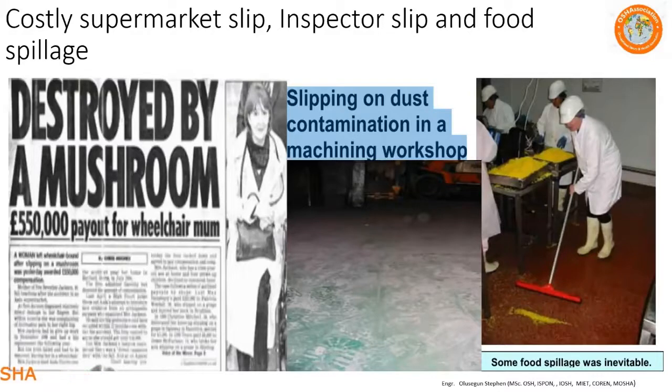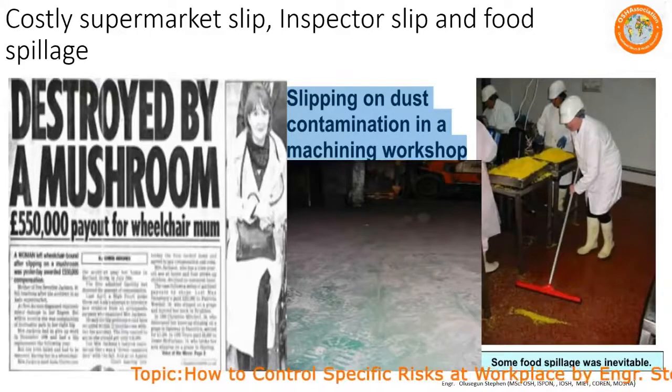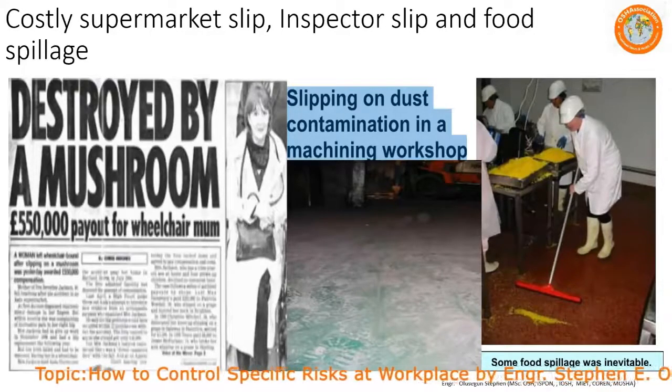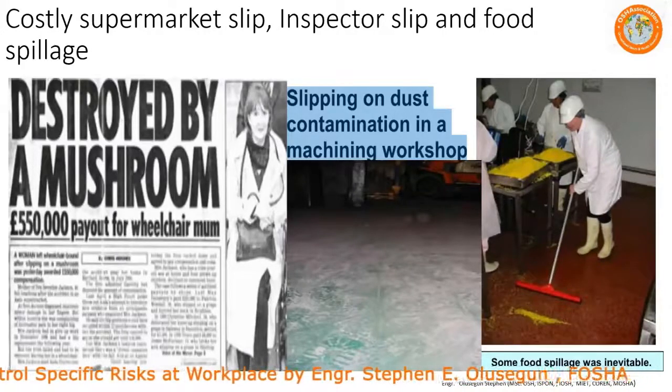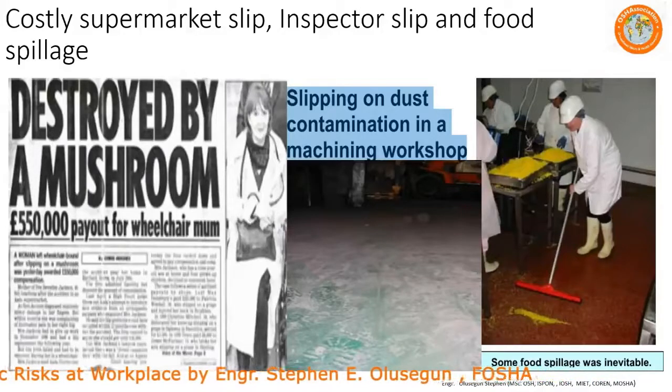And at the end of the day, this lady became disabled for life. She could not come back onto her feet to walk again. She was reduced even to the wheelchair just because of a mushroom that was not tidy enough in a shopping mall. Slip is very powerful. It can cause a lot of damage.